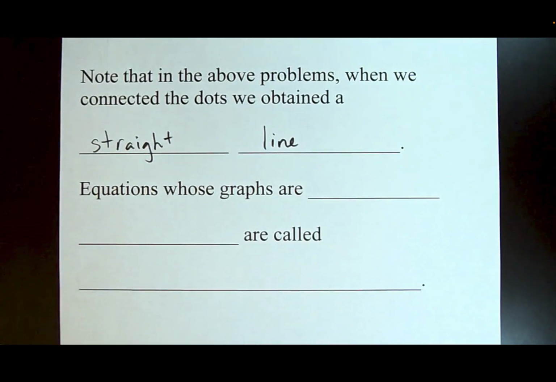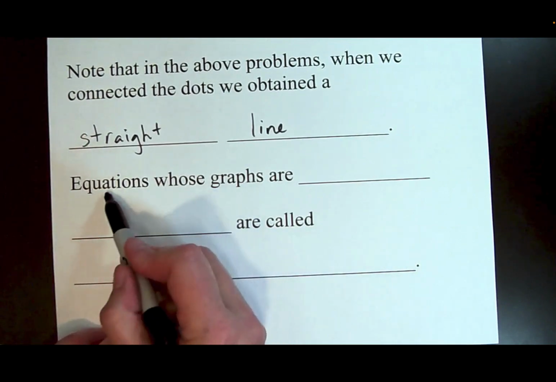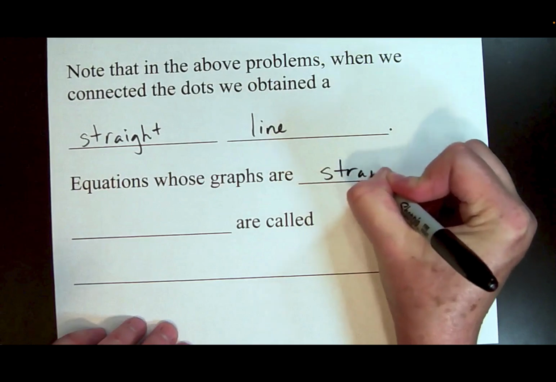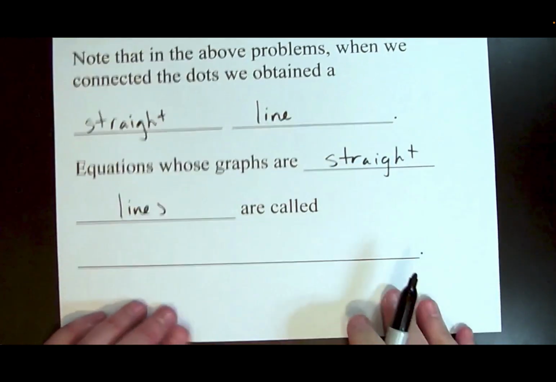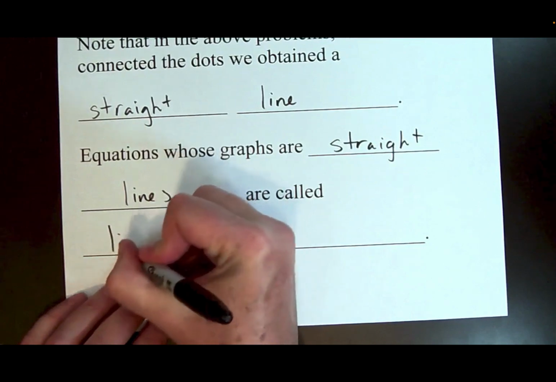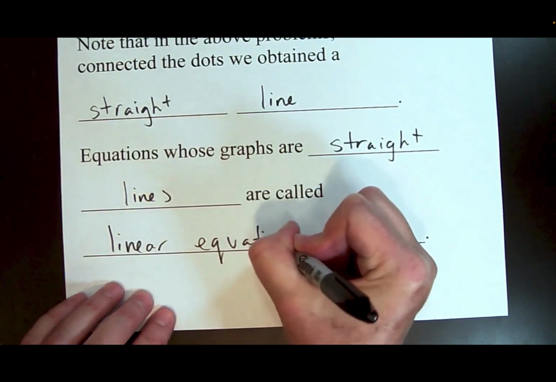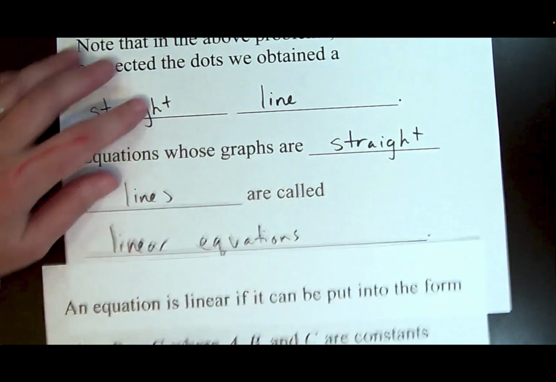Now, how did I know the graph was going to be a straight line? Well, I knew this was the type of equation. So equations whose graphs are straight lines are called linear equations.